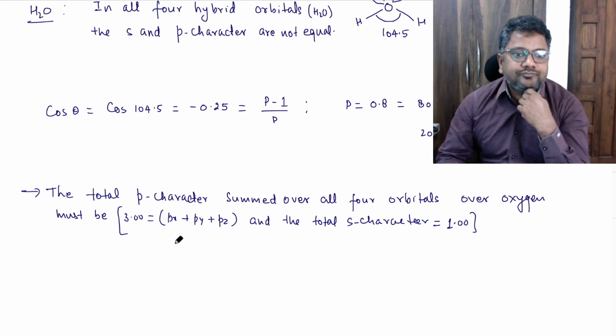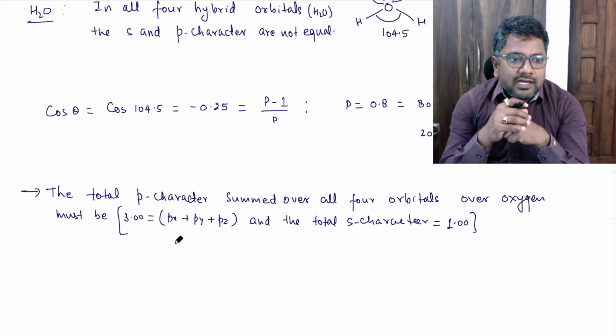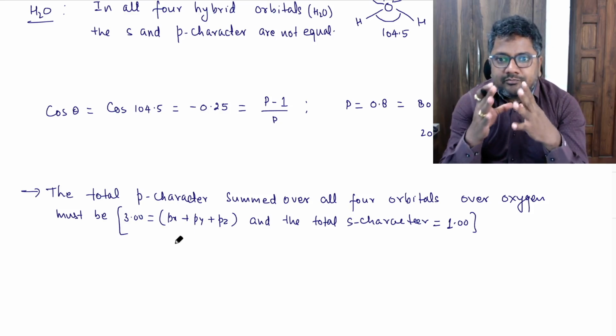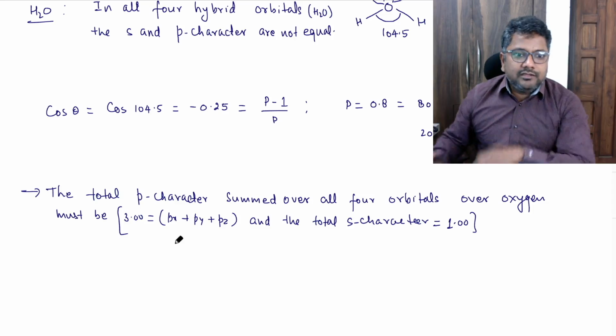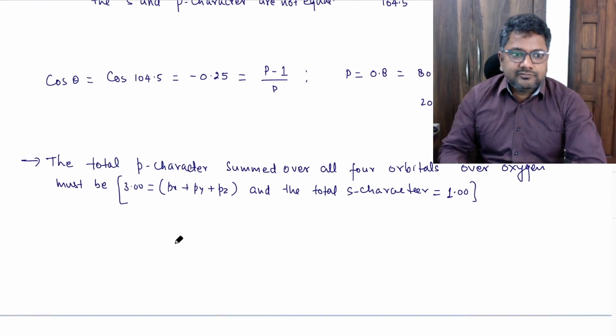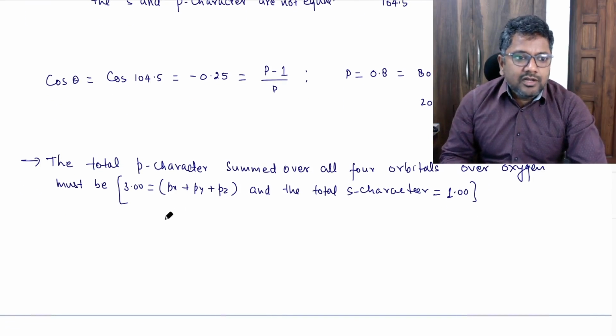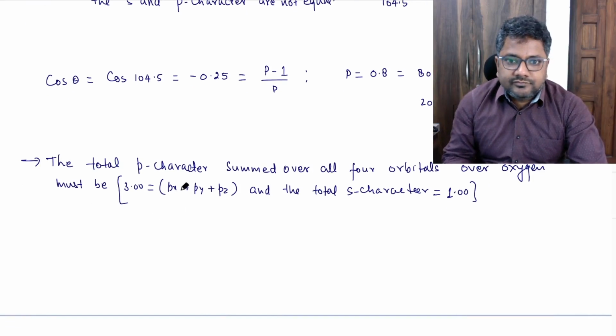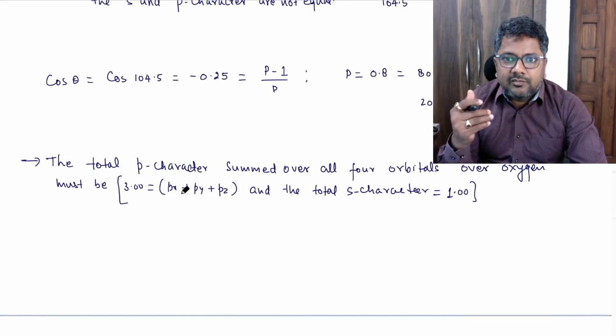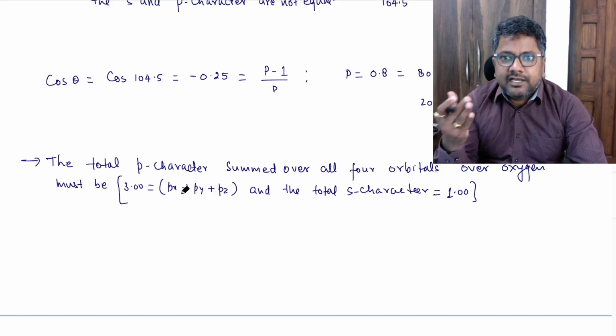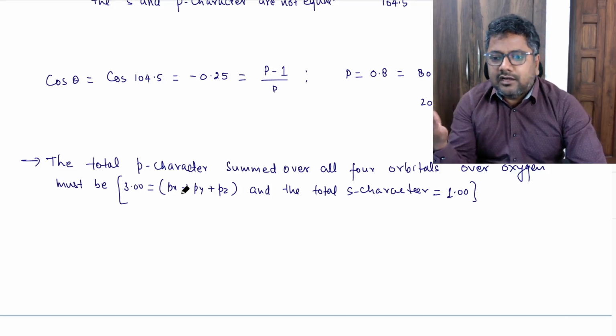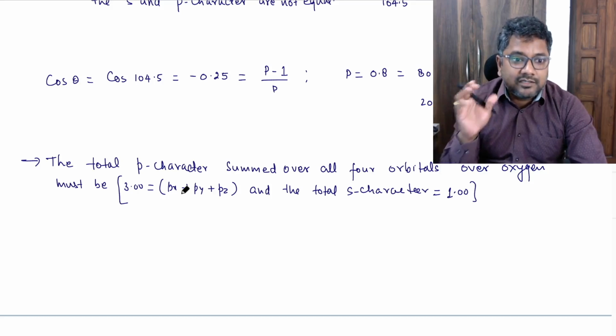Now see, what is the total P character in the bonding. If bonding orbitals have more P character, then non-bonding orbitals have less P character, right?